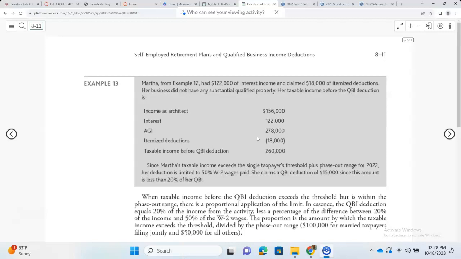So all of a sudden, 50% of W-2 will become an important limitation. Since Martha's taxable income exceeds the single threshold plus phase-out range for 2022, the deduction is limited to 50% of W-2 wages. She claims a QBI deduction of $15,000, which is 30,000 times 50%. So that's it. Since the amount is less than 20% of her QBI, the QBI deduction will be only 15,000.